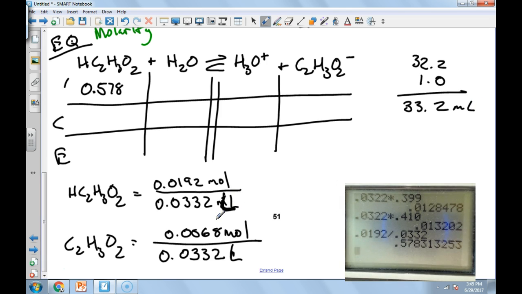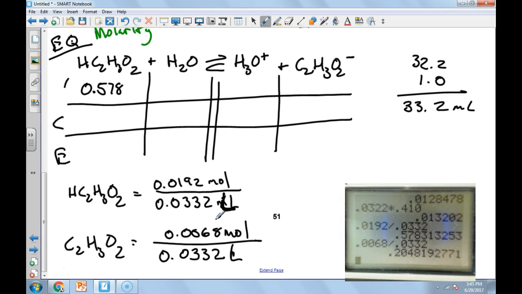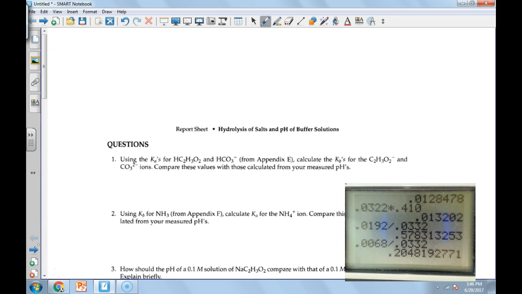Hopefully you caught on. Now we go 0.0068 divided by 0.0332. And this gives us a concentration of 0.205 molarity.